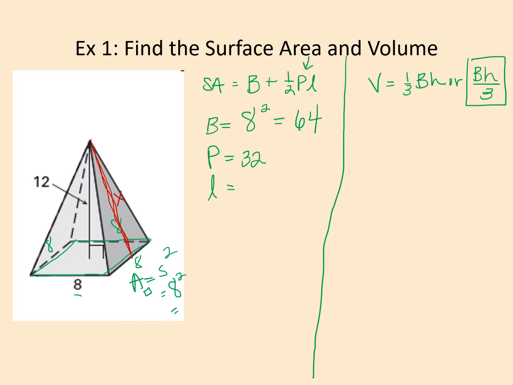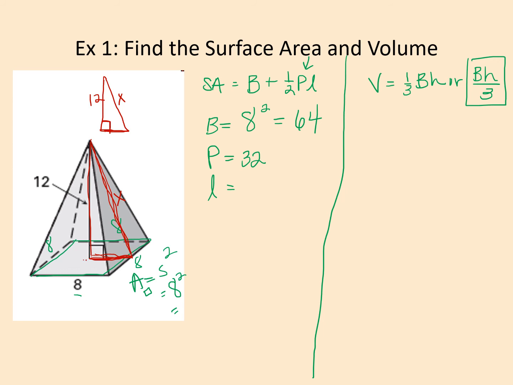If I were just to connect the center here to the center there, notice what I just created: a right triangle that I'm trying to find the hypotenuse of. Well, do I know the other two sides of this triangle? The height, this left side, is given to me as 12. If I could figure out the other side, then I could use the Pythagorean theorem to find the hypotenuse. But notice here, we don't know that.